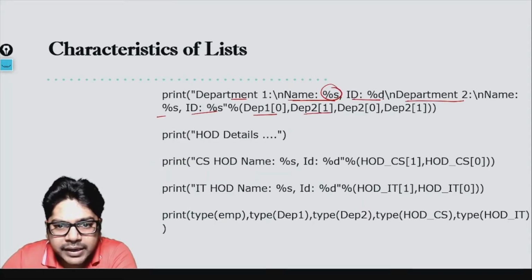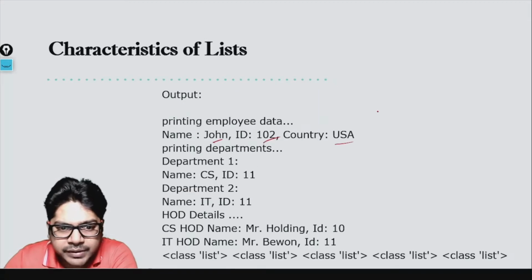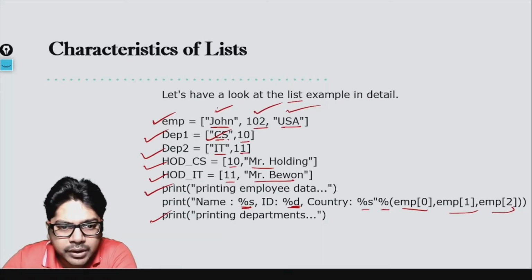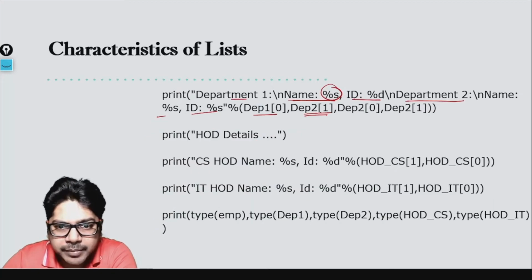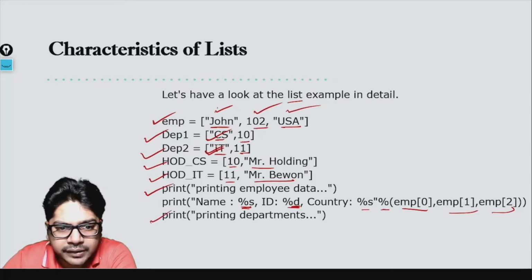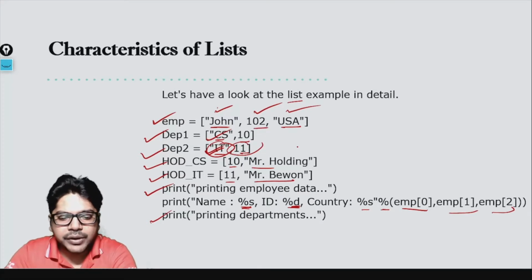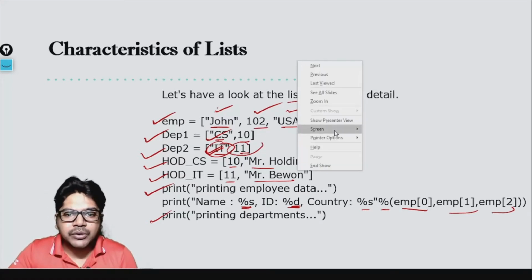Then ID %d will be replaced by department2[1], which is IT. Then department2[0], which is IT only, and department2[1] is 11. So like that it is going to print all the items, and you can use it.